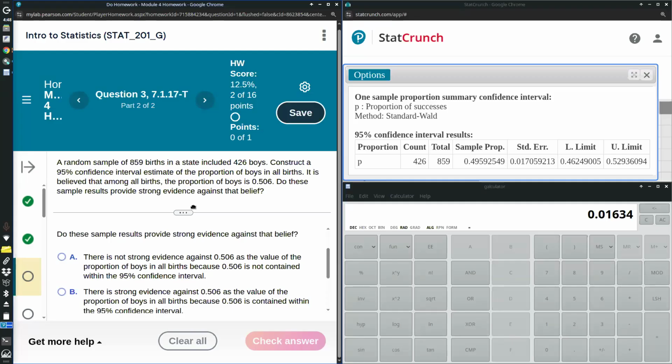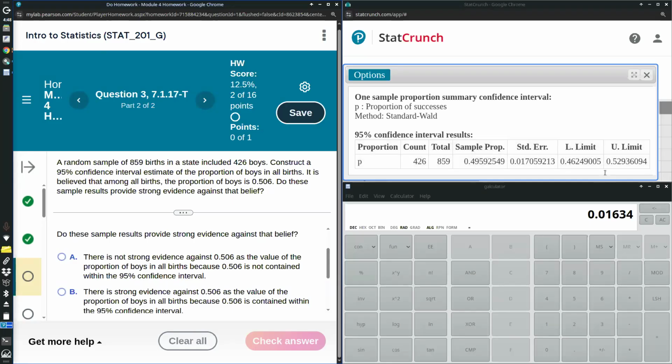So it says, it is believed that the proportion is 0.506. This sample is 0.459, and 0.506 lies in this threshold. It's within the normal threshold that you would expect to see 95% of your things happening, or that you have 95% confidence that a number should be between here and here.